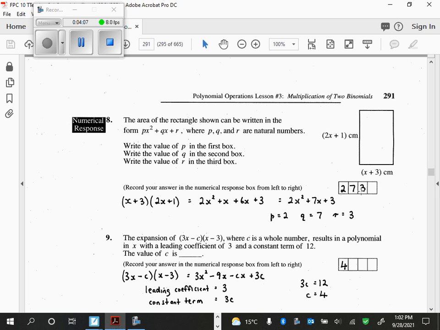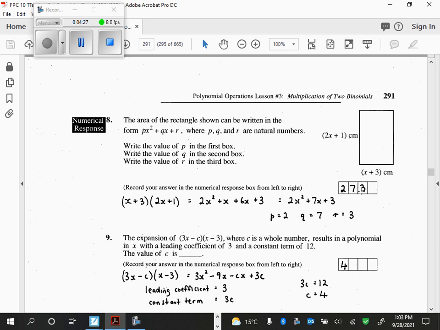You have a negative 7x, and it says negative cx, and you put your c as negative 7 when it should actually be the number after the subtraction sign.